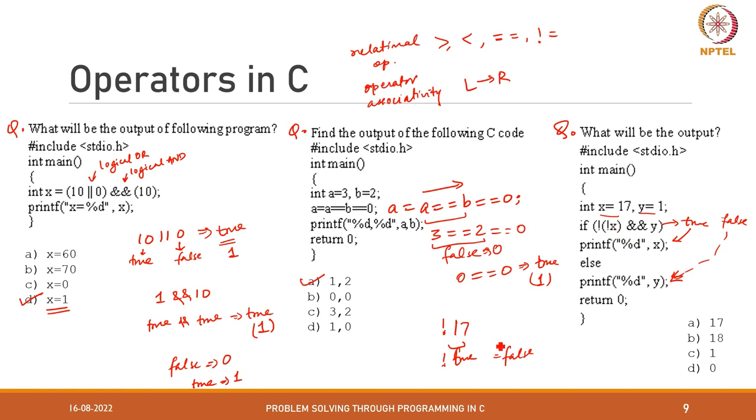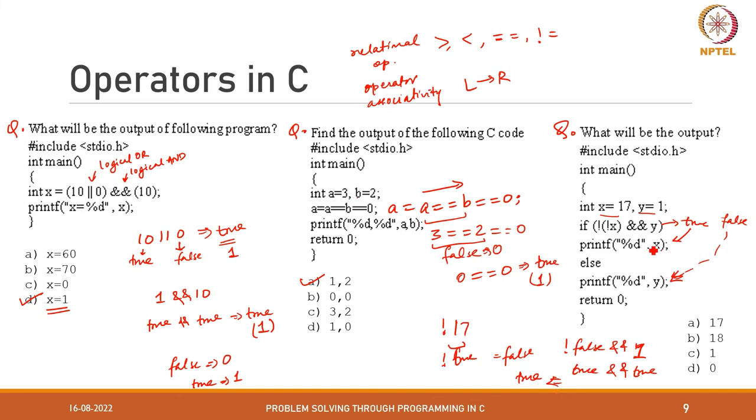Now the expression comes down to not of false and y. Not of false is again true. So we are doing true and y is 1, so let me just replace this with 1. 1 basically means true. So true and true will give you true, because it's a logical AND operation. So this entire expression evaluated to be true.